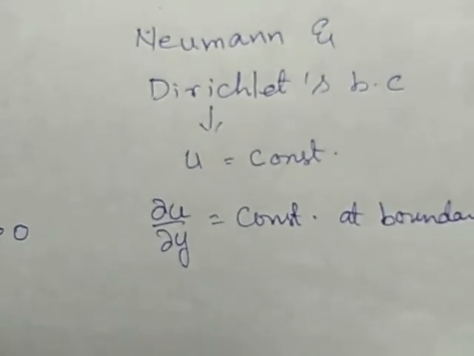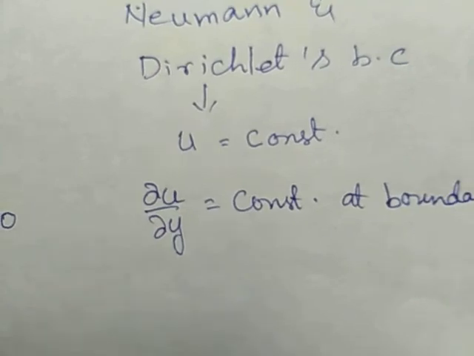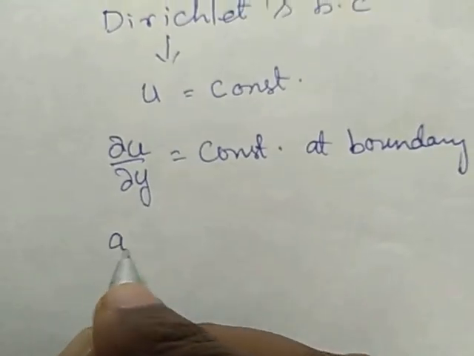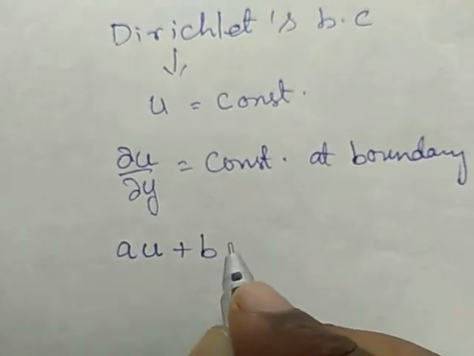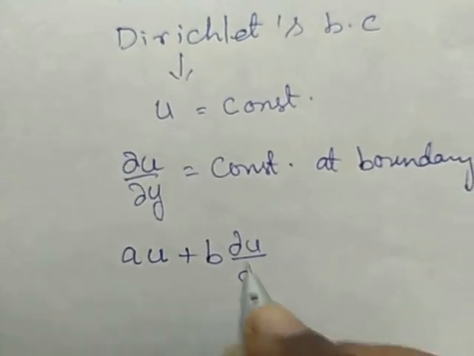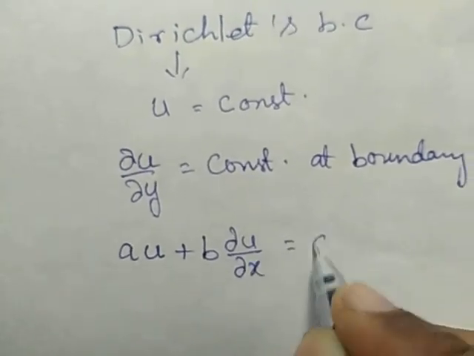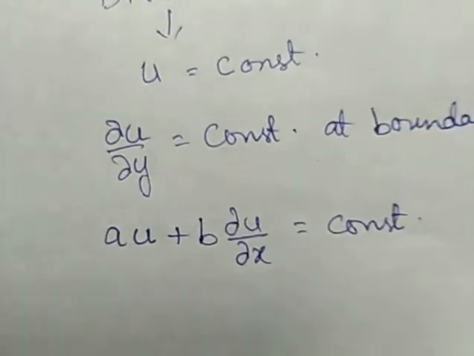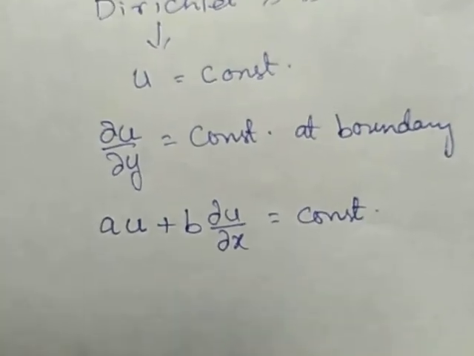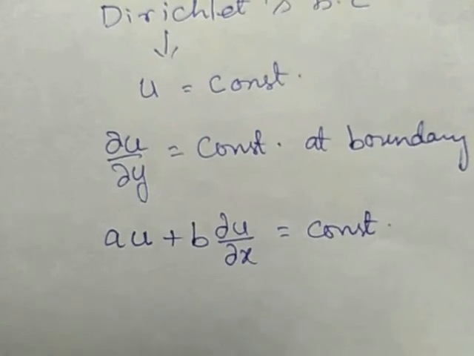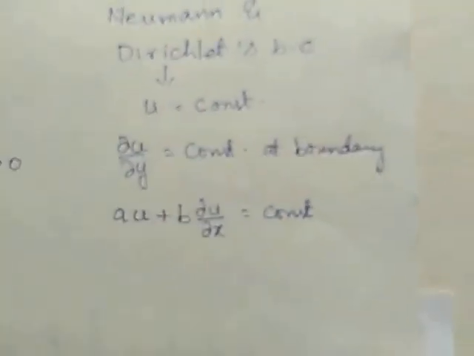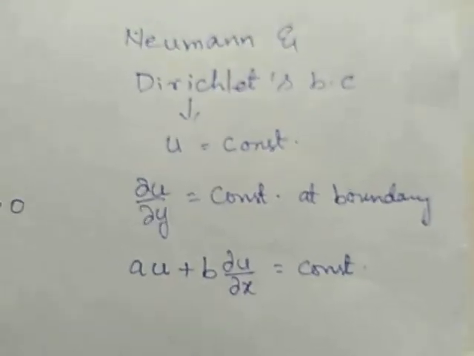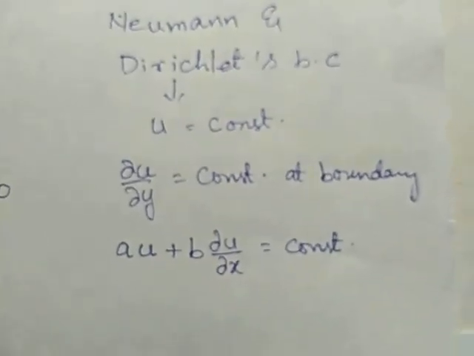We also have mixed boundary condition in a few cases, of the form A times u plus B times dou u by dou x or dou y equals a constant. This is applicable to certain kinds of fluid flow problems. Now we have completed the different types of boundary conditions for velocity.